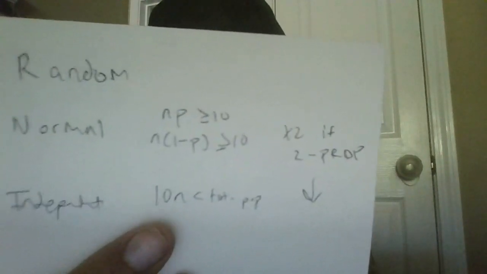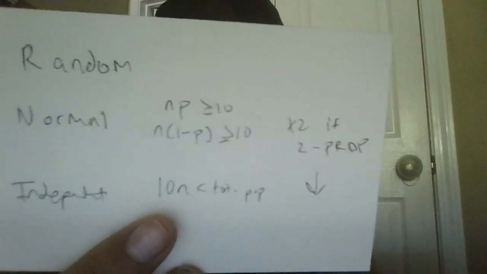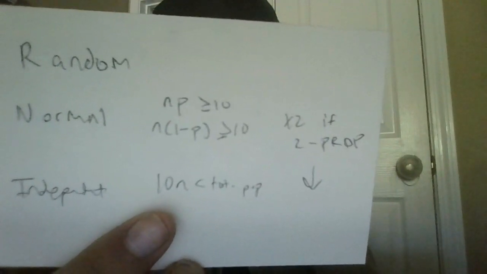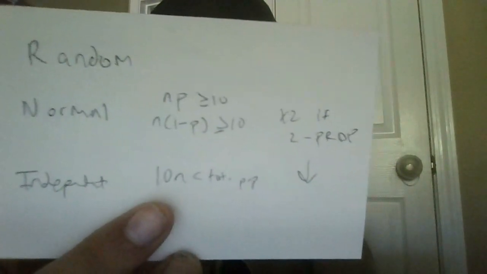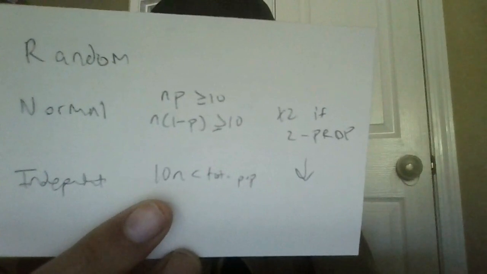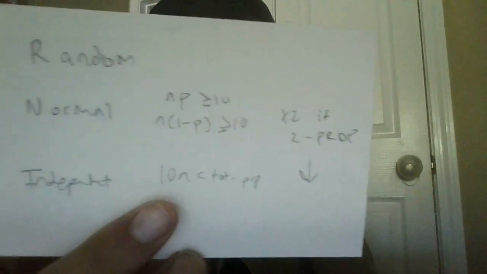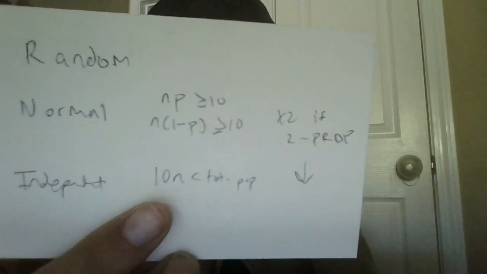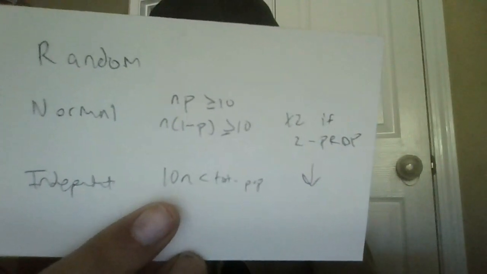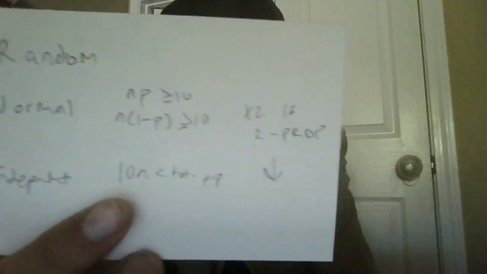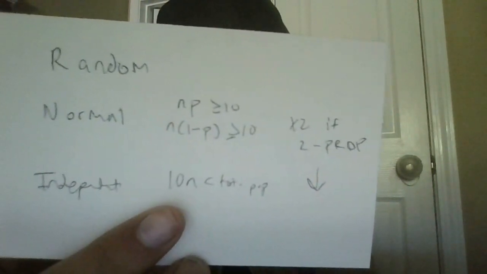You have to do that for both samples if it was a 2 proportion, so n1 and n2. Independent: you just have to say that 10 times the sample size has to be less than the total population. That's the same thing as the 10% rule. And once again, do n1 and n2 if there's 2 proportions.